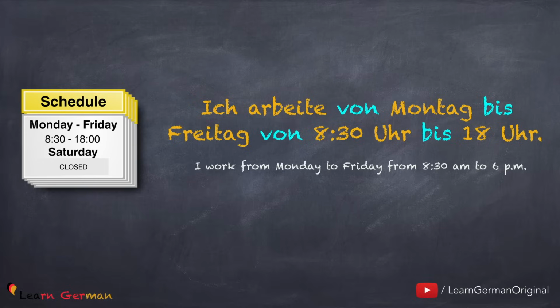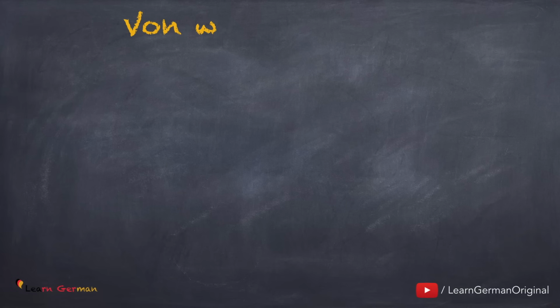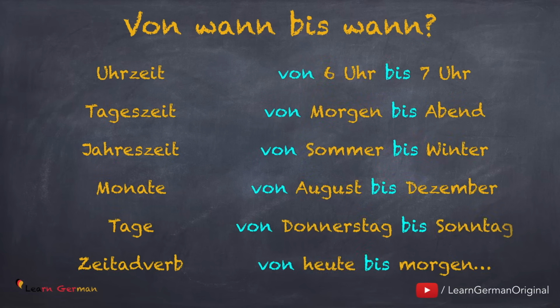Here also your answers can vary. And here's the table to give you a few examples. And if you want to revise Uhrzeit, Tageszeit, Jahreszeit, Monate, Tage, Zeitadverbien, you can watch our videos on them. The links are mentioned below.